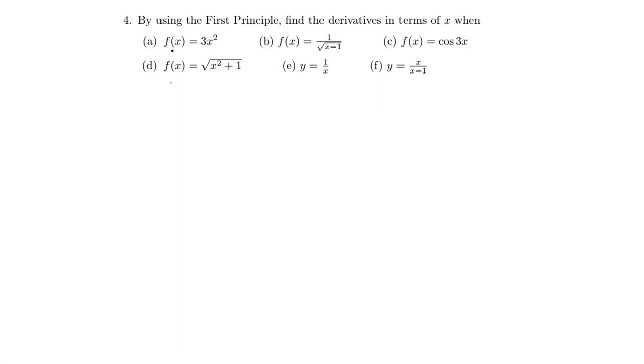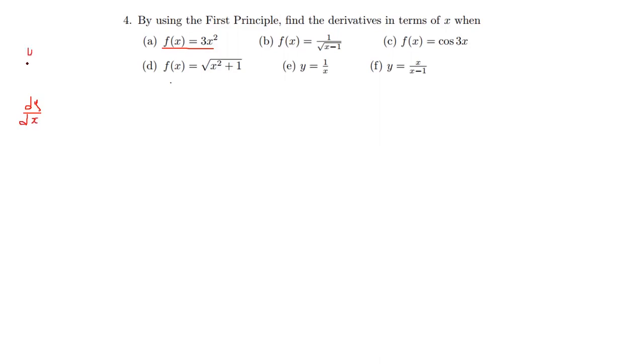So let's take this one here: f of x is equal to that. I said you first have to know what the first principle looks like. Given the function f of x, to find dy dx, or df of x over dx, I'm using dy dx because it's the one most people are used to.